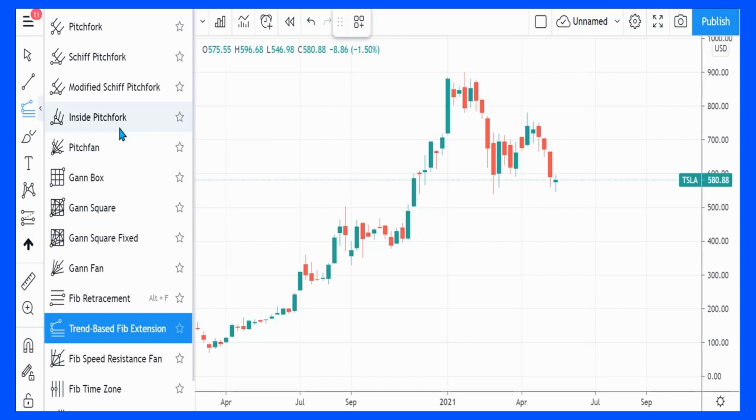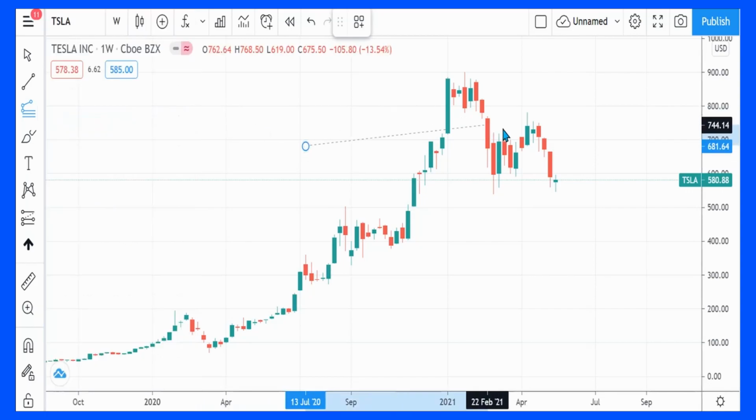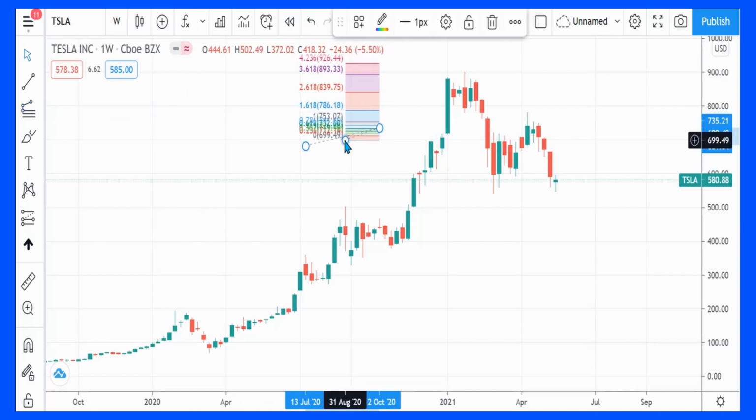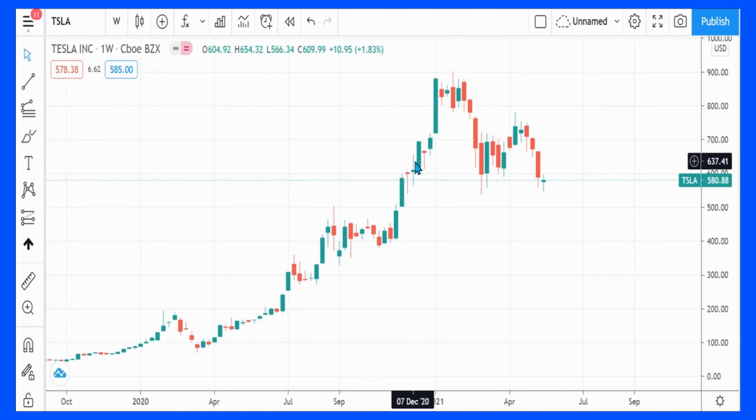Before I introduce the tool, let me delete this. Now we're going to look at this Tesla chart. As you can see, this chart is experiencing a downtrend after a very steep increase. Here is the top, and the next top is getting lower, and the low is this part, and we're expecting the low to become even lower down here.